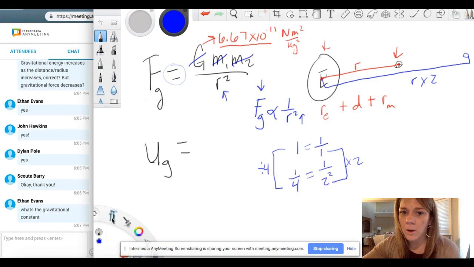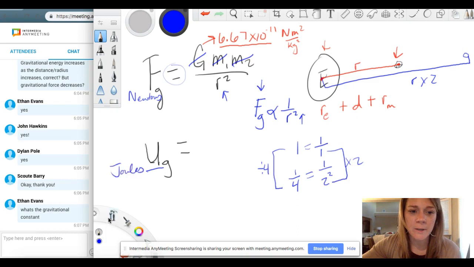Now, if we go back to our gravitational potential energy, by the way, force is still measured in newtons, and energy, U sub G, is going to be joules. They are not the same thing. So our equation for gravitational potential energy is big G, M1, M2 over R, and then there is this negative sign out front.